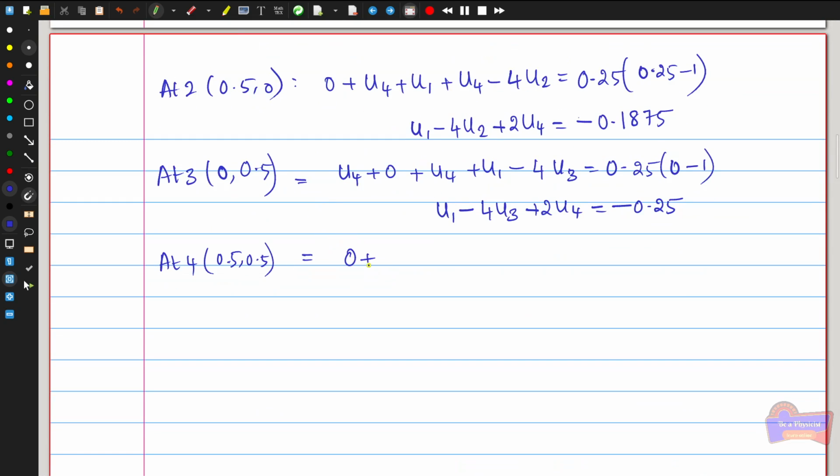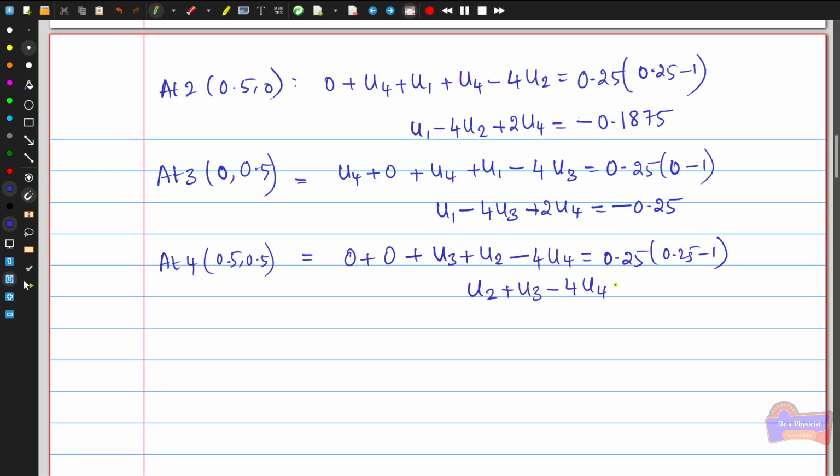So I get 0 plus 0 plus u3 plus u2 minus 4 times u4, which is equal to 0.25 times (0.25 minus 1). Simplifying, the equation is u2 plus u3 minus 4 times u4, which is equal to minus 0.1875.